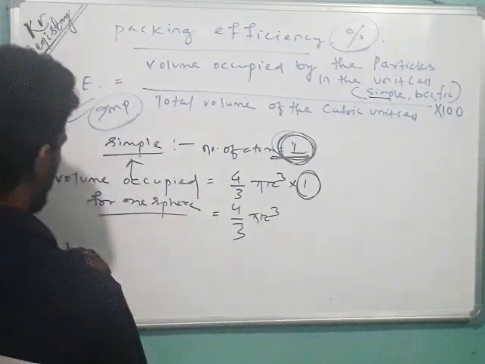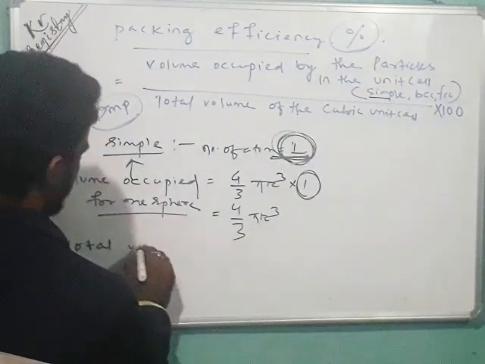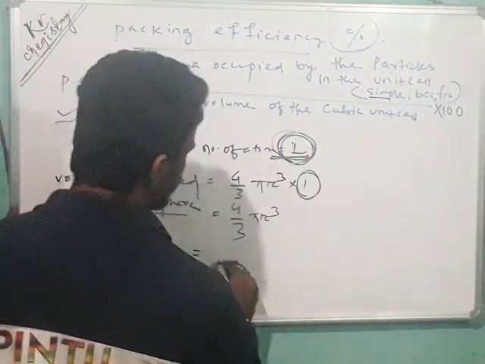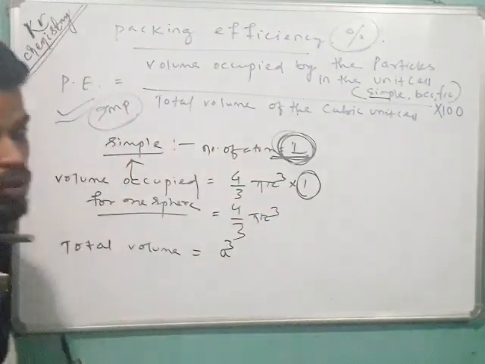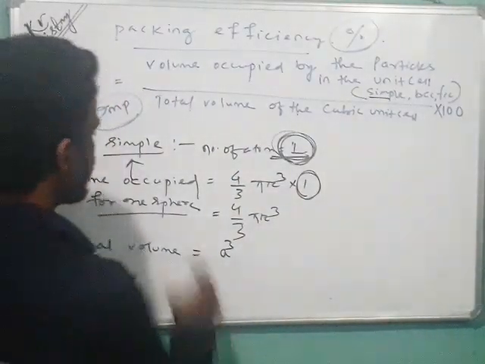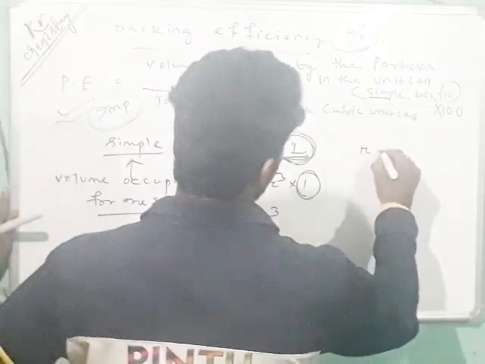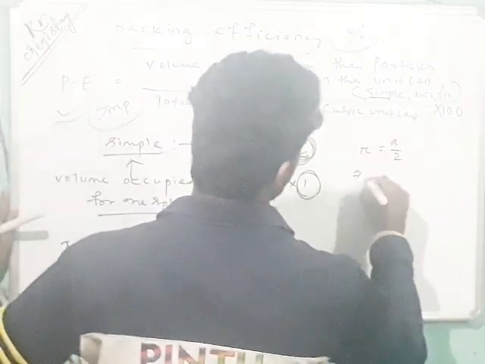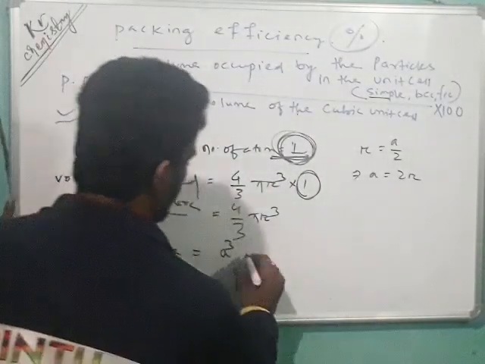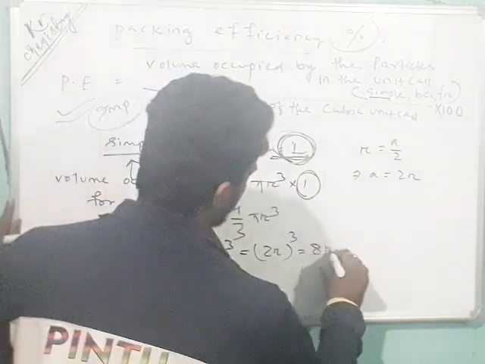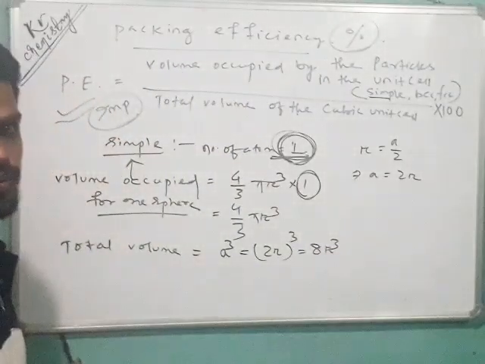Then the total volume of the unit cell. For a cubic unit cell the formula is a cube, where the edge length is a. For simple cubic crystal, r is equal to a by 2, or a is equal to 2r. That is a cube is equal to 2r whole cube, that is 8r cube.